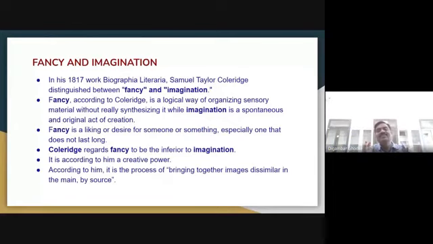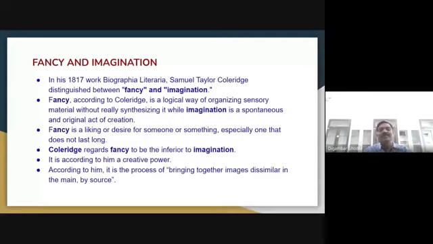These images are dissimilar. Yesterday, I gave the example of Robert Burns. In his poem, A Red, Red Rose, Robert Burns, let's say, sees a flower, a red rose. So this is an image that he captures in his mind by using his eyes. Through eyes, he takes the picture. So that image that is stored in the mind is a kind of fancy.